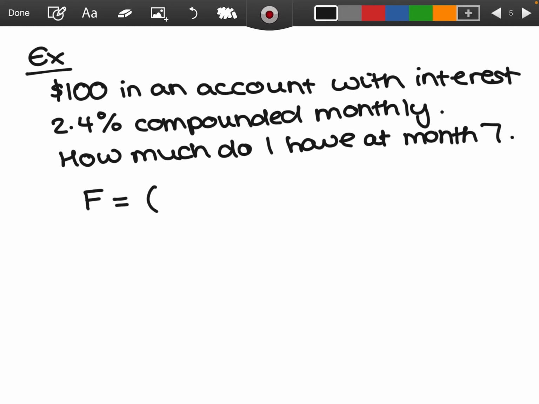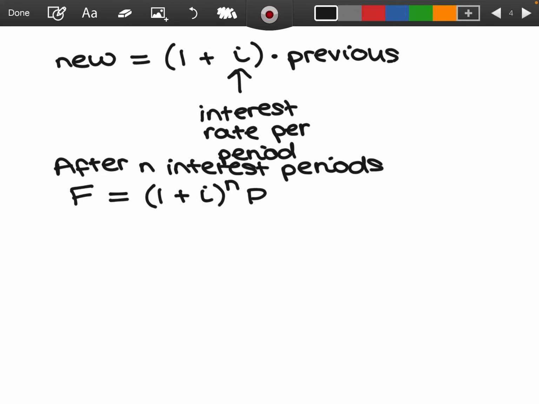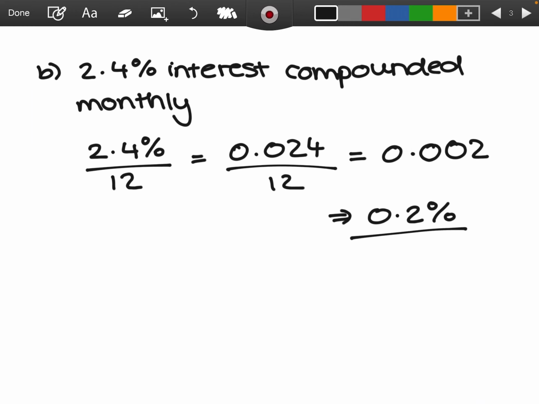Well, let's go ahead and use our formula. So our future value at month 7 would be 1 plus I to the 7 multiplied by my principal of $100. What is I? I is the interest rate per period. Well, we know that we have 2.4% compounded monthly. So we've already figured this out.